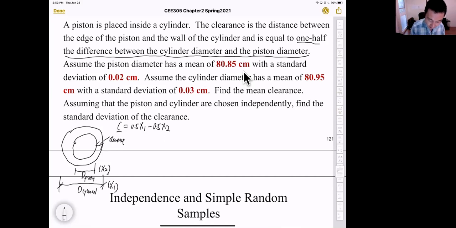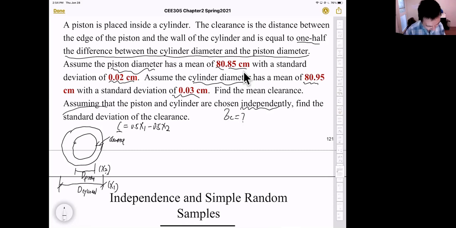All right, so this is what the question tells us. The question also tells us the piston diameter, which is X2, has a given mean value and standard deviation, and so does the cylinder diameter, which is X1. The question also tells us these two diameters are independent, and asks for the standard deviation sigma of the clearance, sigma c. So sigma c equals what?